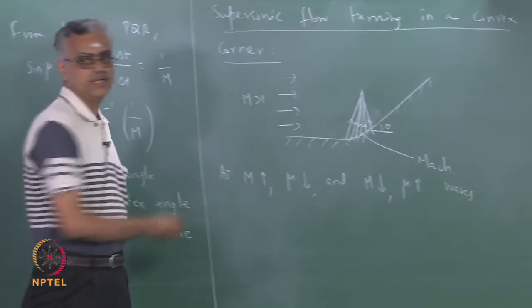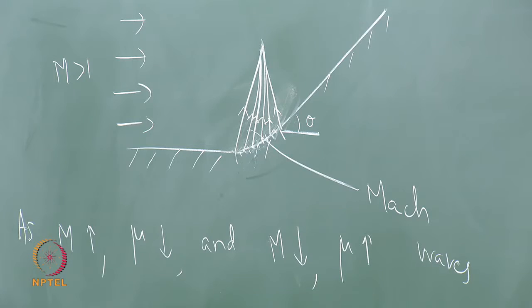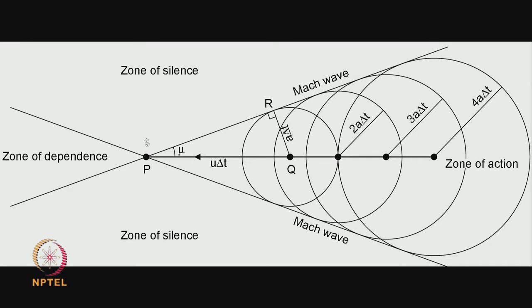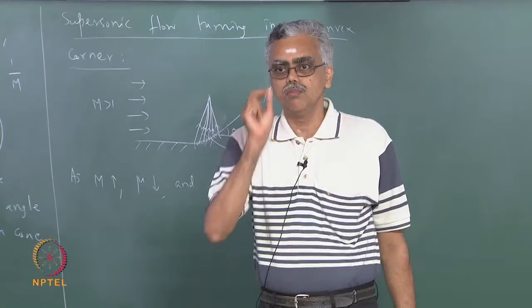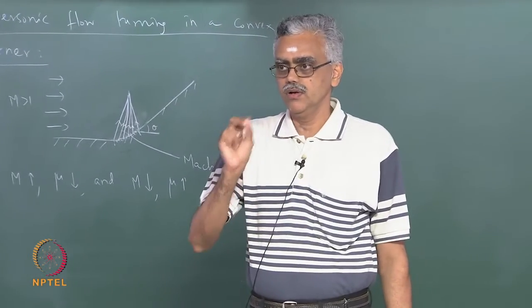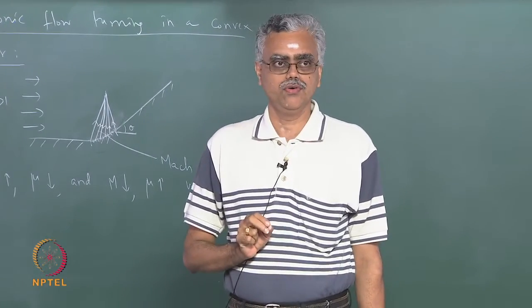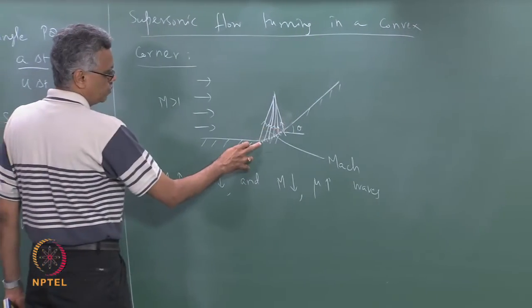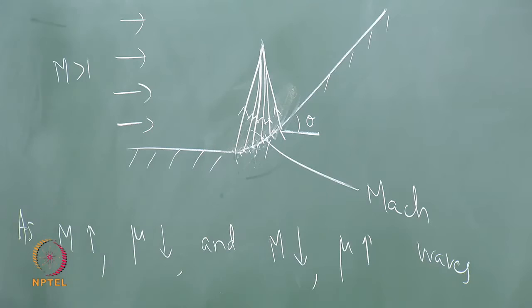I have shown only a finite number, but what you must remember is the reason for discussing the earlier theory, propagation of a disturbance, is to bring out the fact that any small point disturbance will do this in the supersonic flow. And we are saying that when you want to turn, each one of these little surfaces is going to act like a point disturbance.